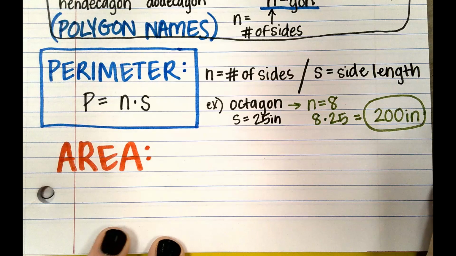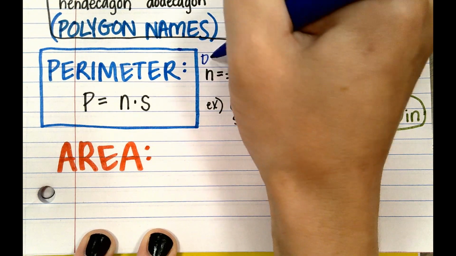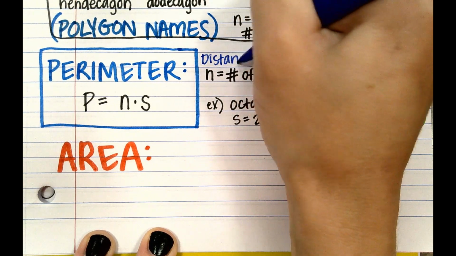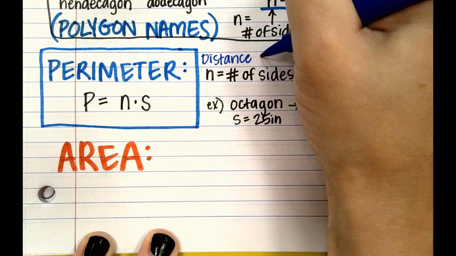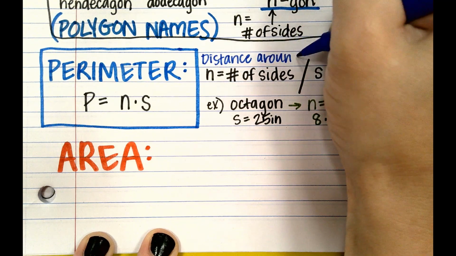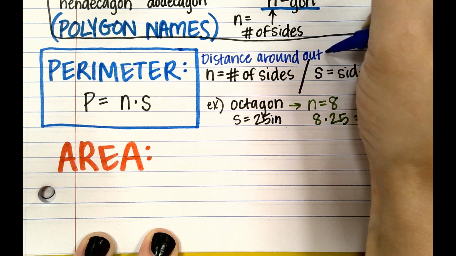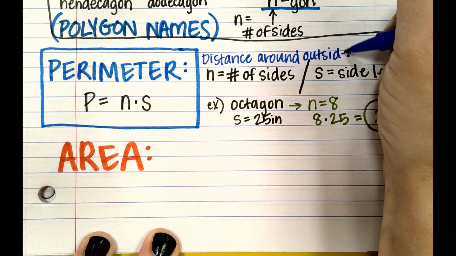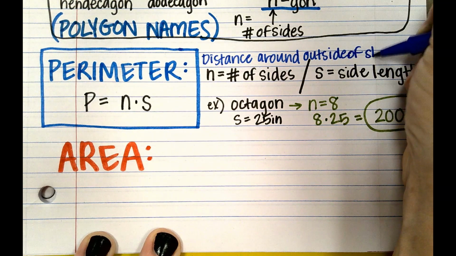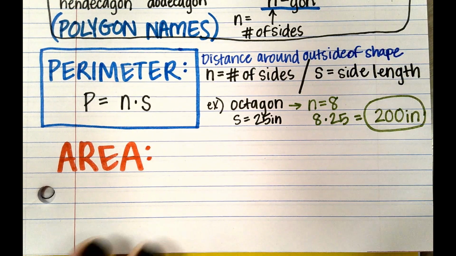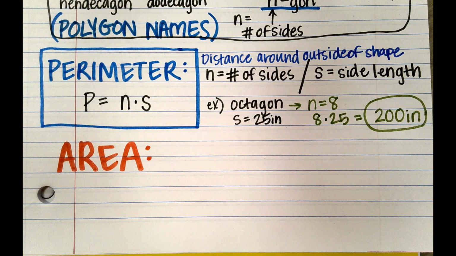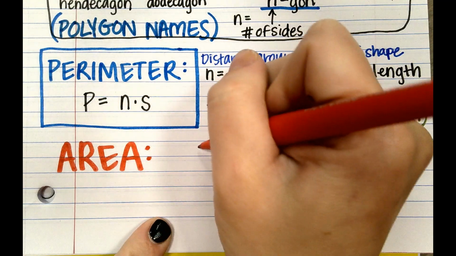And I'm going to write over here for perimeter: distance around outside of shape. And then area is the space inside of the shape.